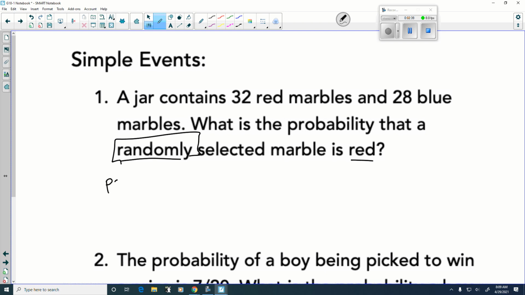So what's the probability I get a red marble? Well, it's the number of red marbles over the total number of marbles.